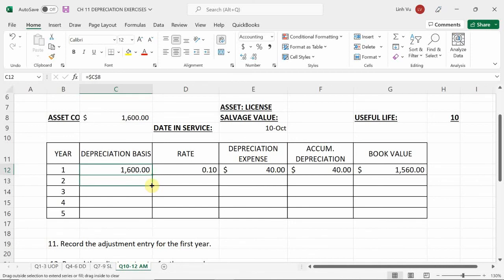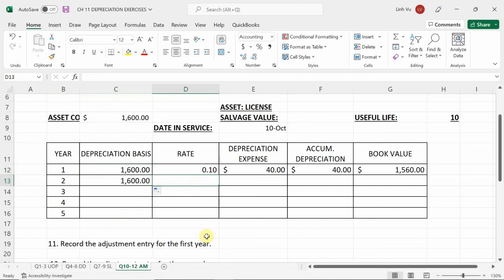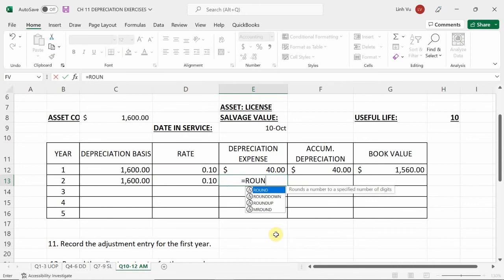There is no salvage value, so it's just going to be your asset cost. Right? What's my rate going to be? It's still going to be 10% because it's still 1 over the estimated useful life of 10. All right? So therefore, what is my amortization expense going to be?